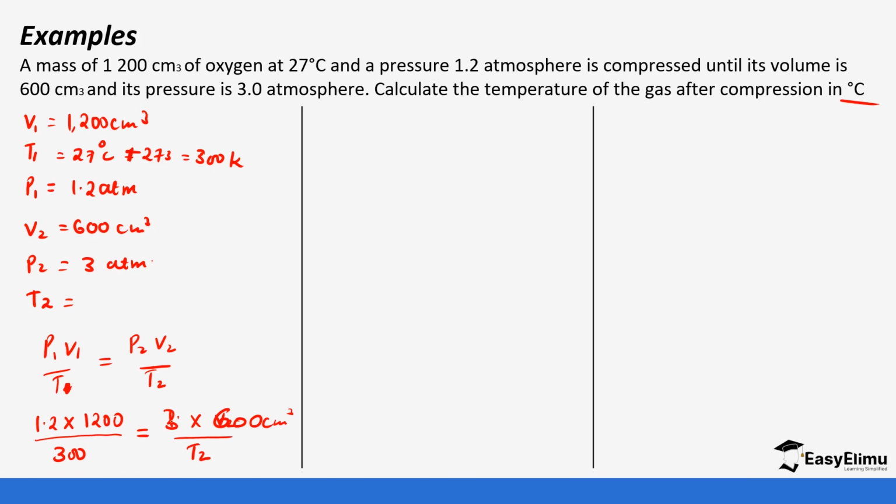So we can decide to work out values, or we just cross multiply until we end up getting what we want. So first of all, we can work this value out.